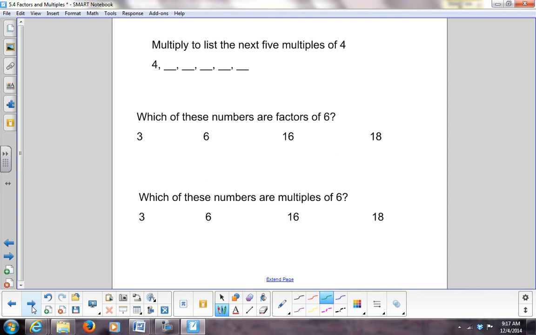Okay, now we're going to write this down in your notebooks, or if you don't have your notebooks, a piece of paper. The first one, I want you to list the next 5 multiples of 4.